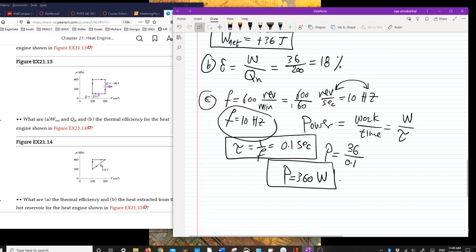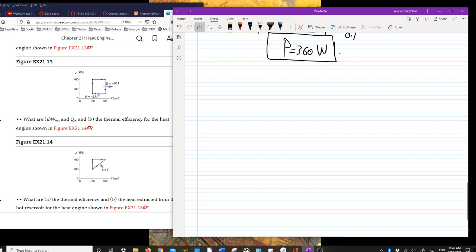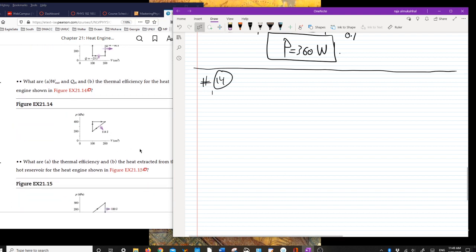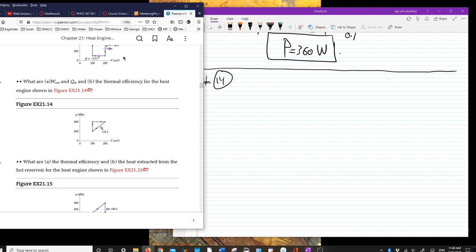So let's do this problem. Try to make a horizontal line. It's so hard to do. Okay. Number 14. I wish I could expand it. Anyway, I'll just live with it.